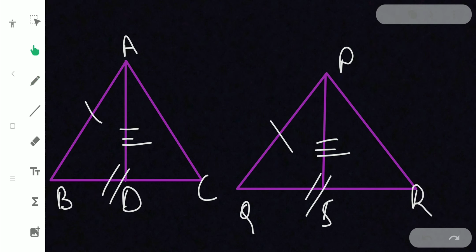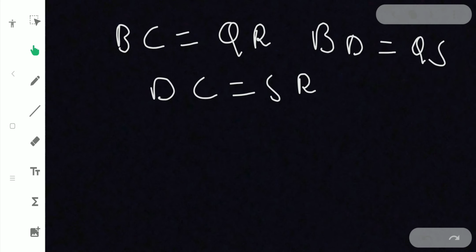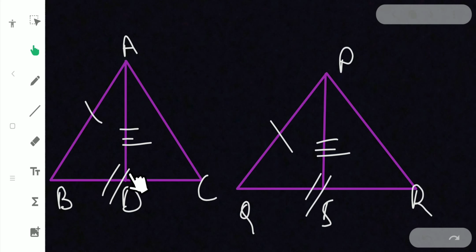So BC is equal to QR, that we already know. BD is equal to QS, so that also we should prove. I will say how I have proven it.